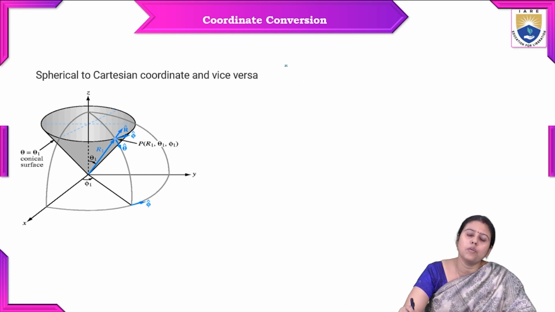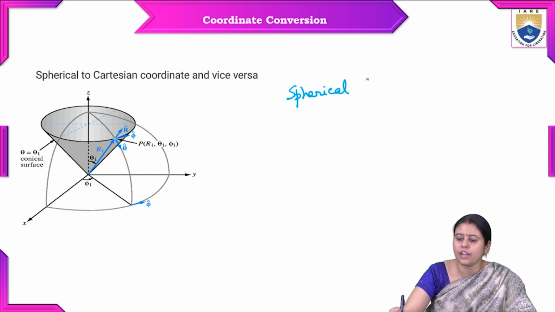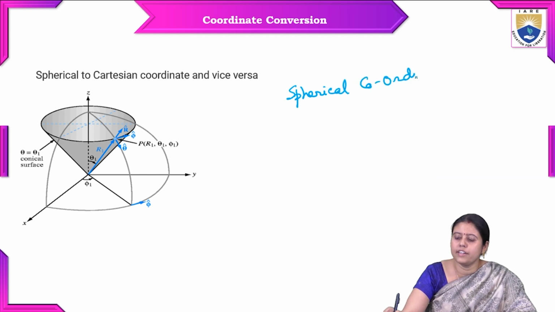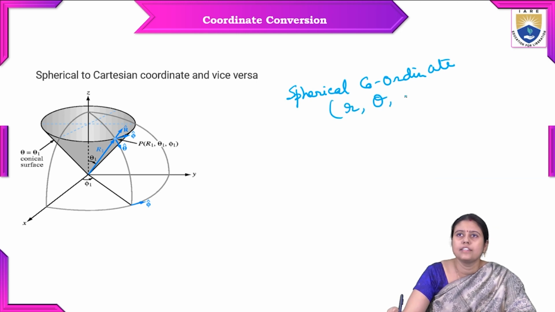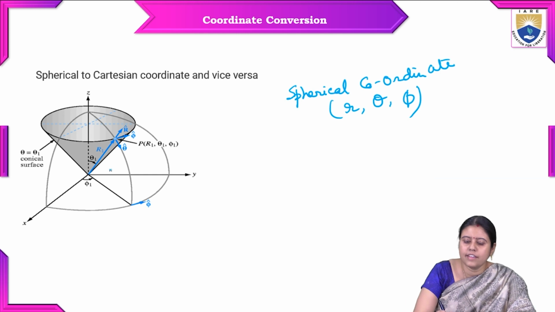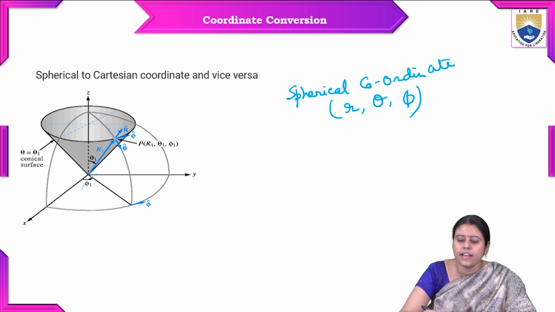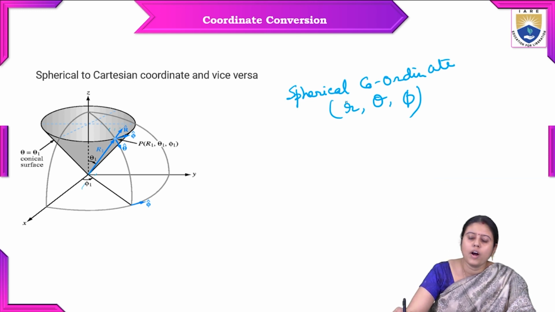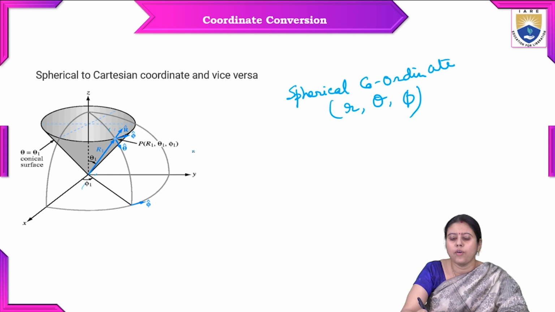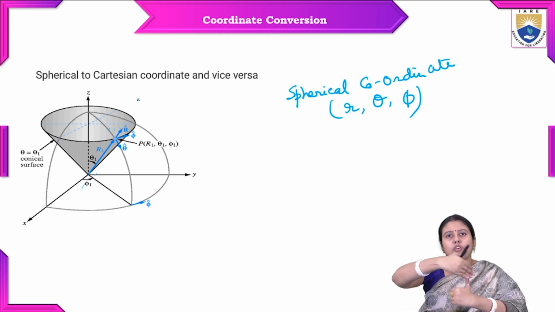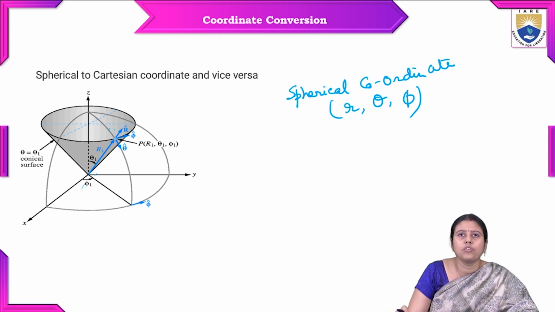In the spherical coordinate system, the main components are r, theta, and phi. Here you can see r is nothing but the radius, capital R or small r. Theta is the angle related to the height, the half circle height. And phi is the circular angle.